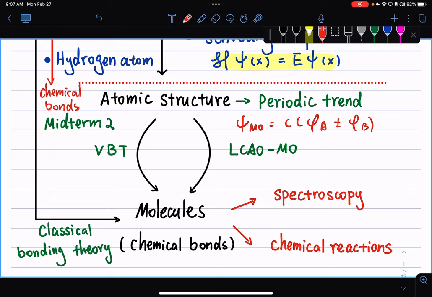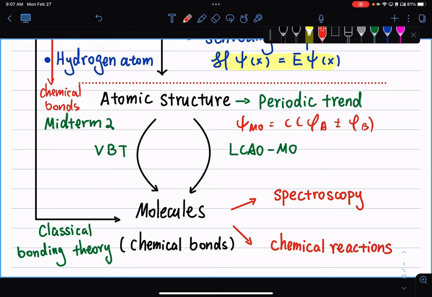So you create molecular orbitals by linear combination of your atomic orbitals. And because your atomic orbital is a wave function, when they interfere with each other, they can add either constructively to form a bonding MO or destructively to form an anti-bonding MO. So that's the foundation of the LCAO-MO theory, right?